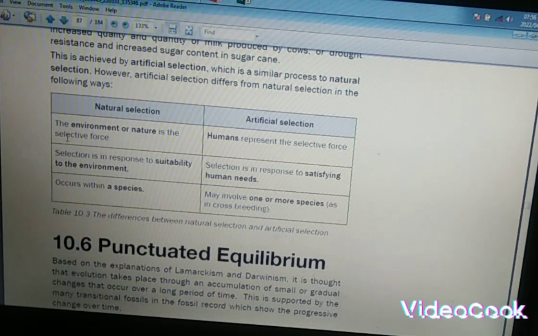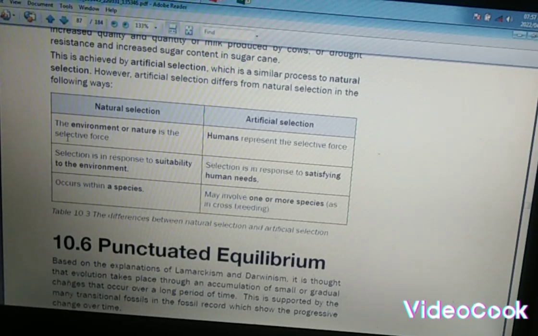A cacti that had shorter roots, and remember it's a desert plant, did not survive to give its offspring because it was not competitive enough. It died. But the ones with longer roots, they actually survived and were able to pass on to their offspring. So that's what we mean by natural selection. It's just the effect of the environment or nature itself without any human interference, right?